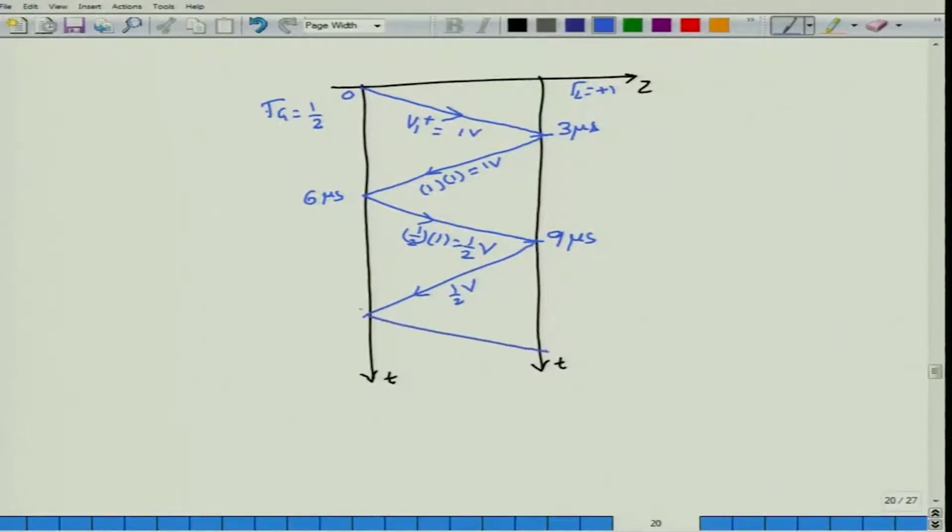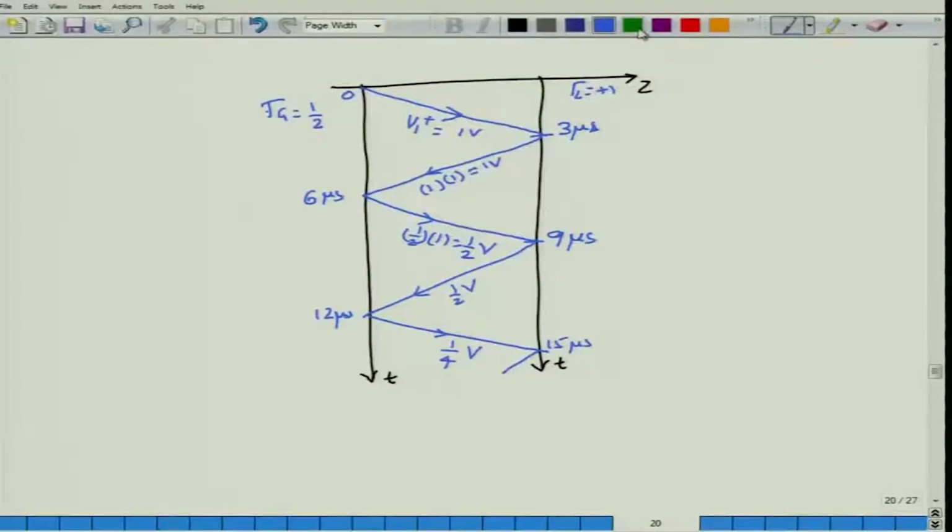Then there will be further reflection. The reflected half voltage will reach at 12 microseconds, whereas the further reflection of 1 by 4 voltage will begin to propagate from 12 and will reach at 15 microseconds. So let us stop here, not just because I ran out of space, but also because the voltages keep on reducing, and we have enough information to solve the two questions that were posed to us.